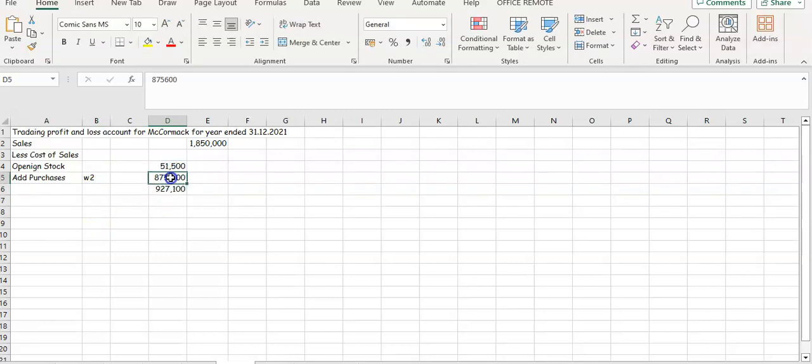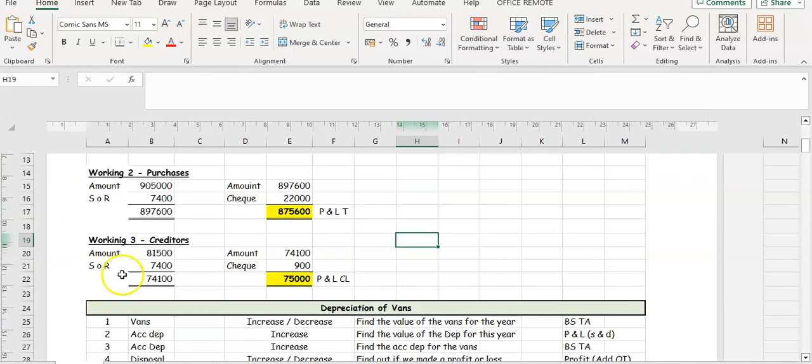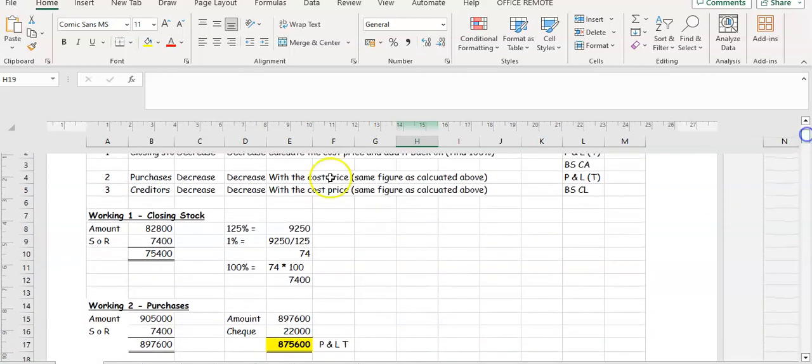And from that then, we are going to take away our closing stock. And we know closing stock is also part of our workings. So closing stock, working 1, and it's 75,400.